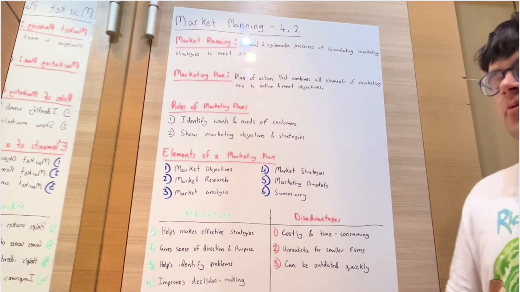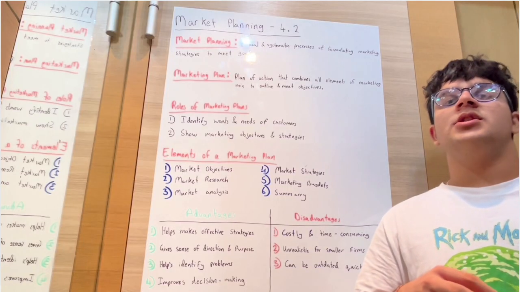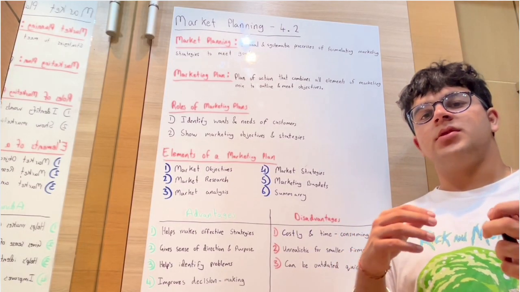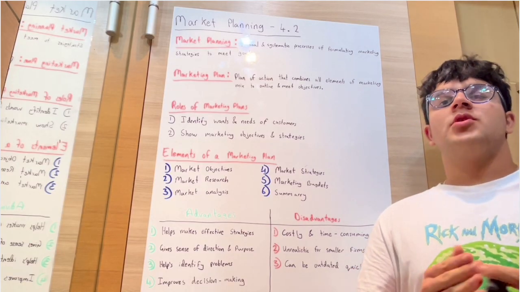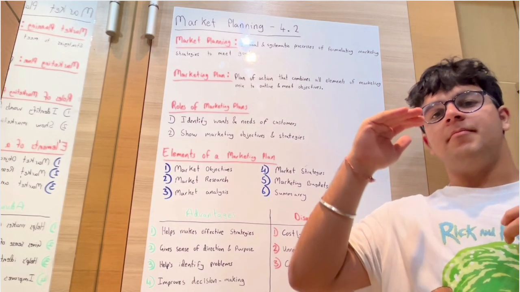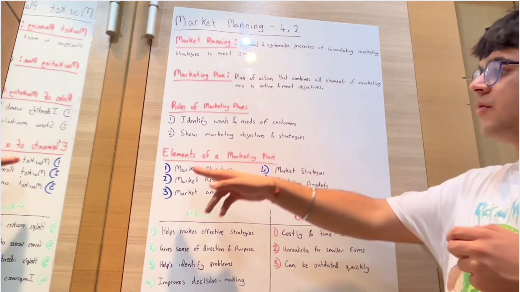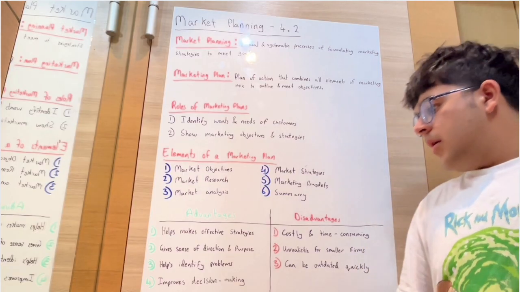Then it also gives you a sense of direction and purpose. These marketing strategies outline objectives to make sure that the business is working towards one specific direction. Make sure they have something to base themselves off of, measure themselves off of. If they're not meeting their marketing objectives, then they're not succeeding.